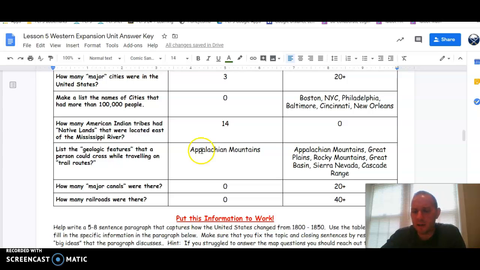By 1850, though, if you look carefully at the map, you would have found that the Appalachian Mountains, the Great Plains, the Rocky Mountains, the Great Basin, the Sierra Nevada, and the Cascade Range were all places that we had overland trails that could take you across. Major canals and major railroads in 1800, 0 of each. But by 1850, we've got 20 or more major canals and 40 or more major railroads.